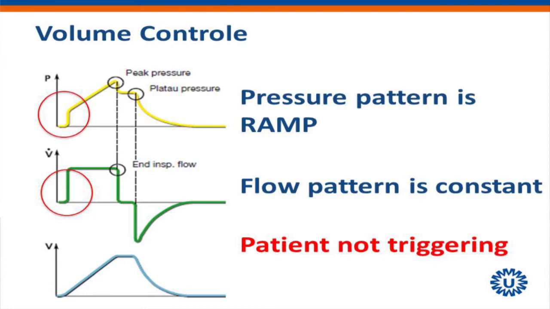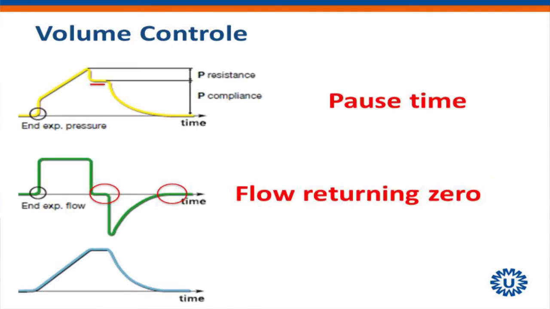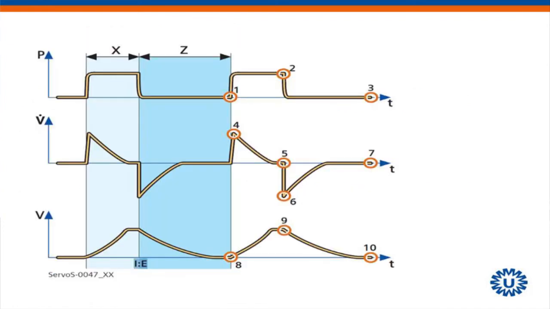What will happen if, and I show you another picture from a pressure controlled mode, here. What will happen if there's a leakage? Will flow then return to 0? Or will there be flow in inspiratory?